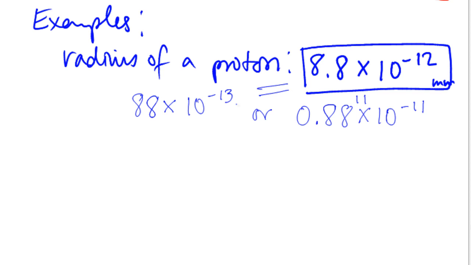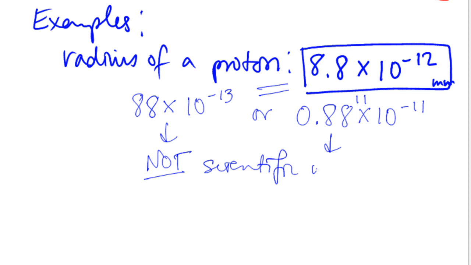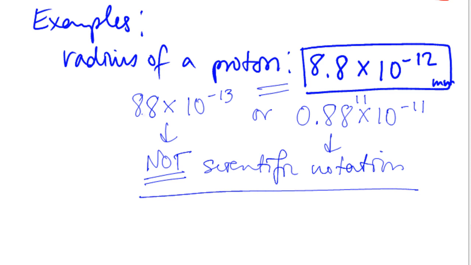But the problem is, these are not written in scientific notation. And why are they not written in scientific notation? Well, because you'll notice this is not between 1 and 10. This is not between 1 and 10. This is too big. It's equal to 10 or larger. And this is too small.